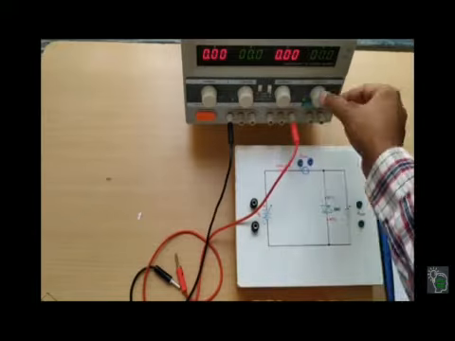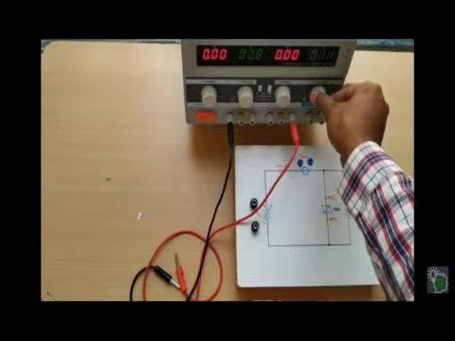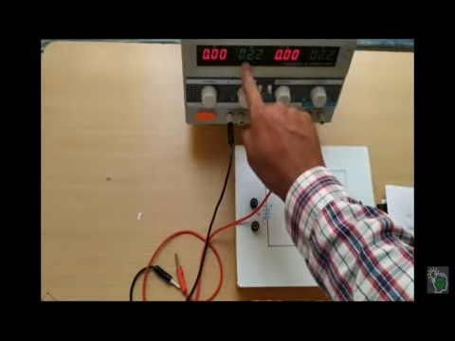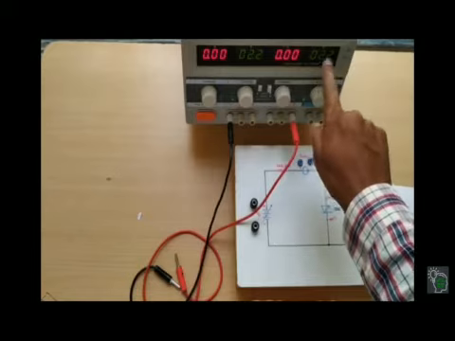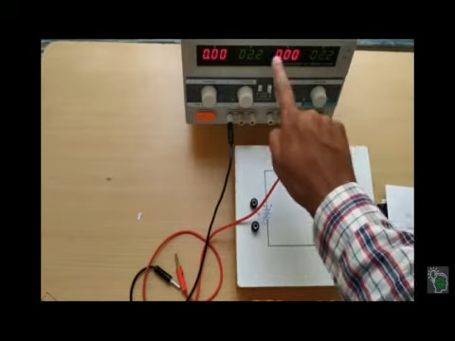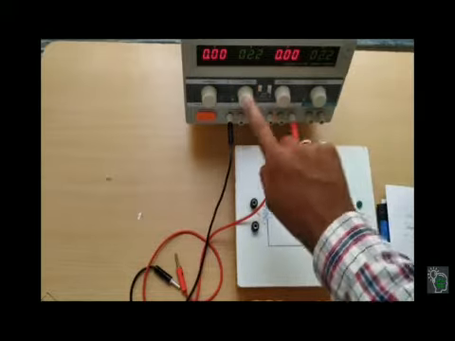So first we are giving the positive supply to the MT2 terminal. Here we are giving 2.2 volt per channel, which means 4.4 volt supply we are giving to the DIAC, which is the addition of the two channels.